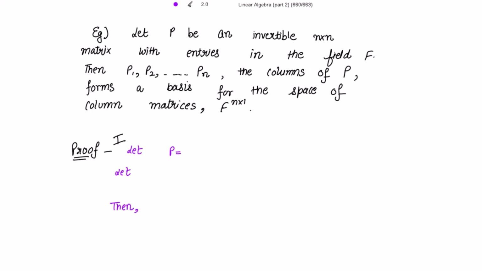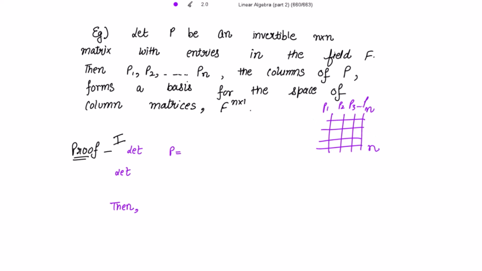Then P1, P2, Pn denote the columns of P. Because it is an n by n invertible matrix, it has number of rows n and number of columns also equal to n, right? So P1, P2, P3, Pn and so on are the columns.